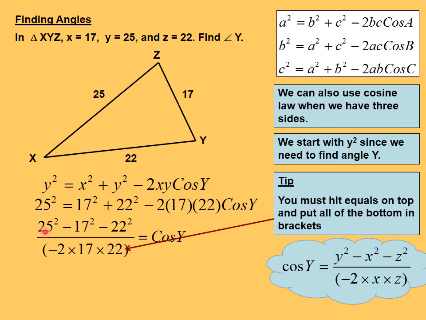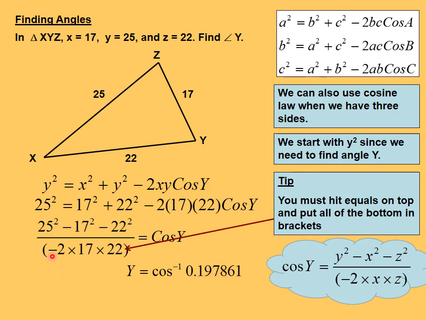So when you do 25 squared minus 17 squared minus 22 squared equals, then divide by bracket negative 2 times 17 times 22 close bracket, and you may have to hit equal again. Let's see if you can get this 4-digit decimal. To get decimal 0.1978, and this one is a bit longer.